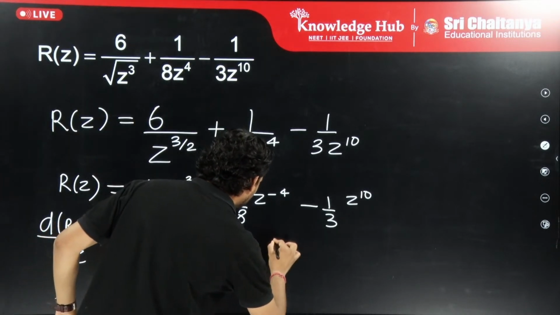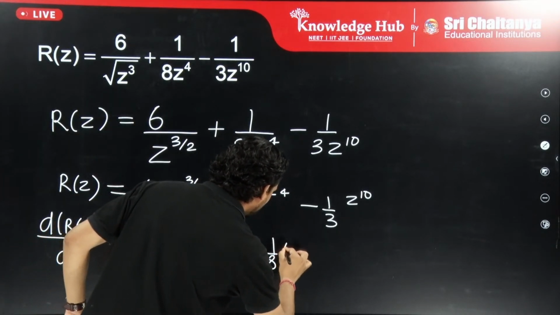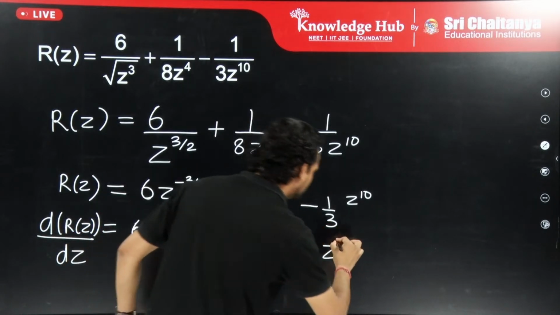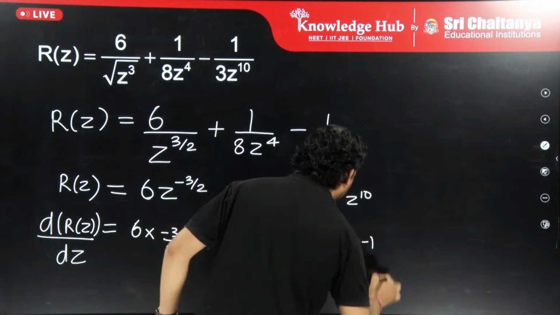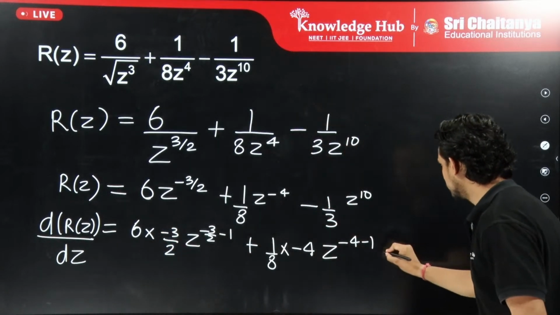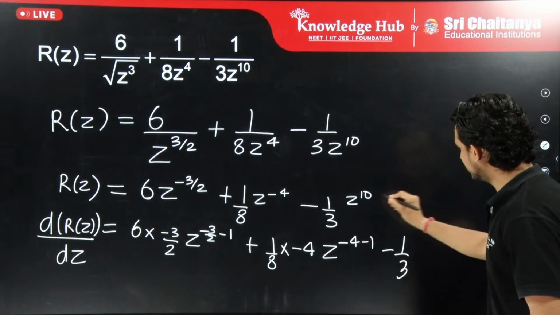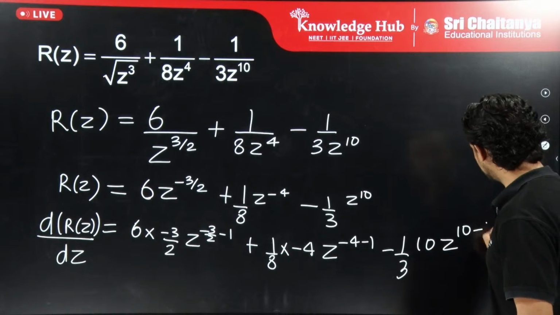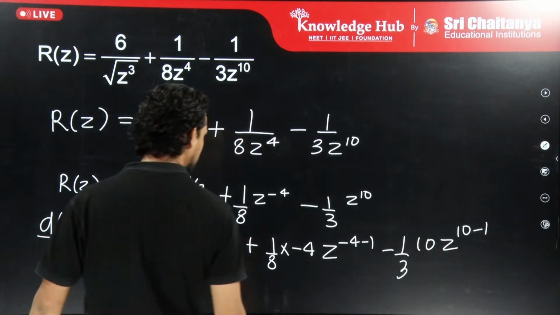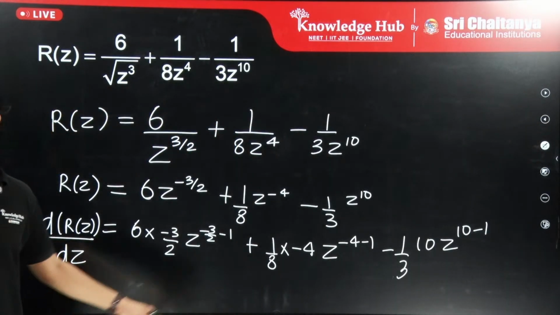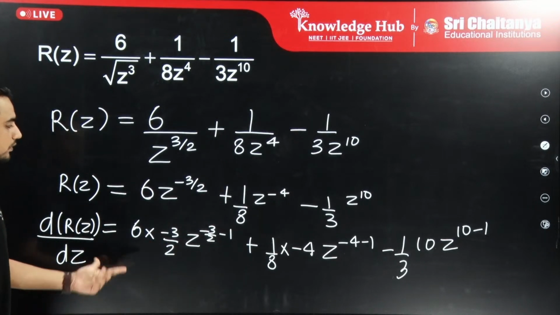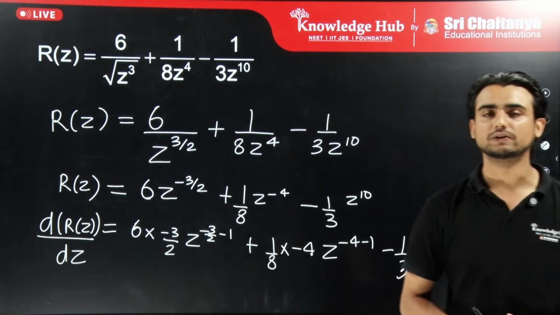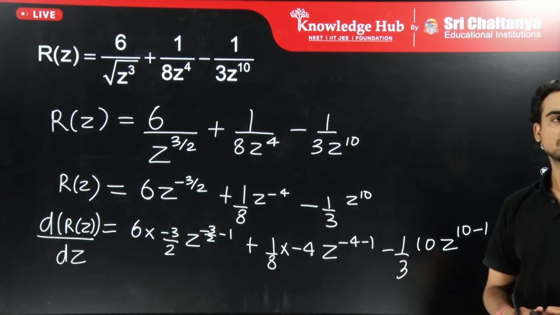Here 1 by 8 into, this n will come forward and I will subtract 1 from it. Similarly, here also this n will come forward and I will subtract 1 from it. Right? So this is my final answer. Please do the calculation and find the answer. I hope this question is clear to you. Now let's move forward.